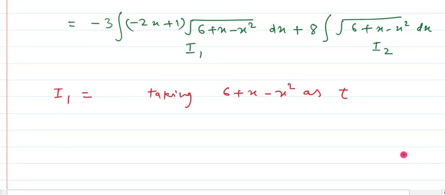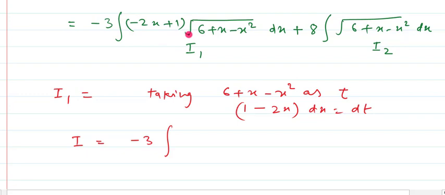Therefore I1 becomes minus 3 into integration of 1 minus 2x dx as dt.